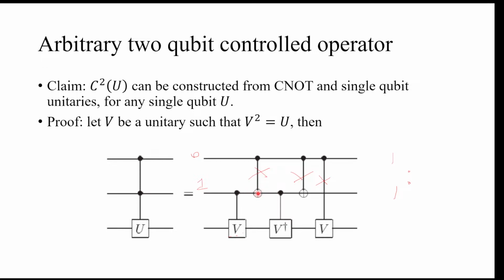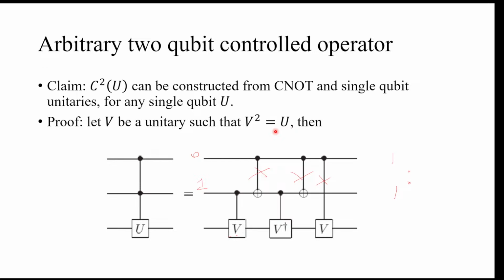And because it's 0, this control V dagger doesn't actually happen, and then you go to this NOT gate here, you become 1 again, and then this control V happens, and this control V happens, and the result is you have V squared equal to U.